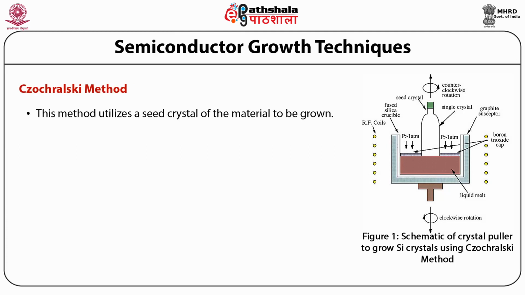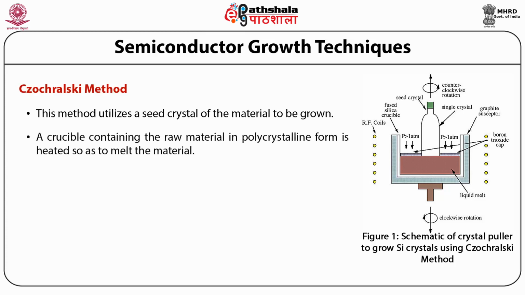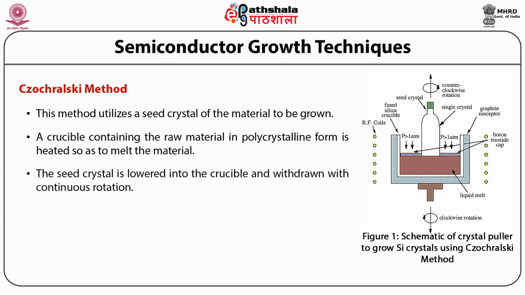This method utilizes a seed crystal of the material to be grown. A crucible containing the raw material in polycrystalline form is heated so as to melt the material. The seed crystal is lowered into the crucible and withdrawn with continuous rotation.